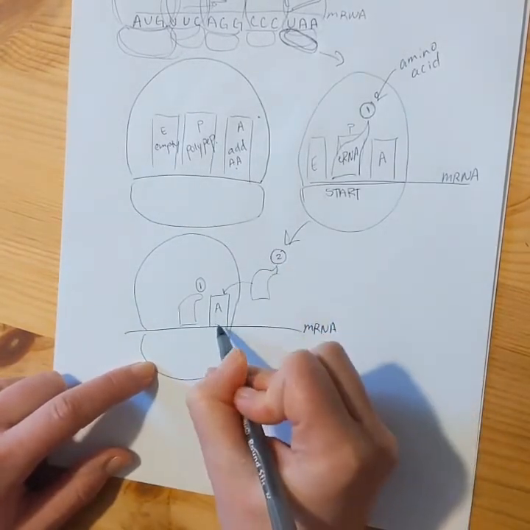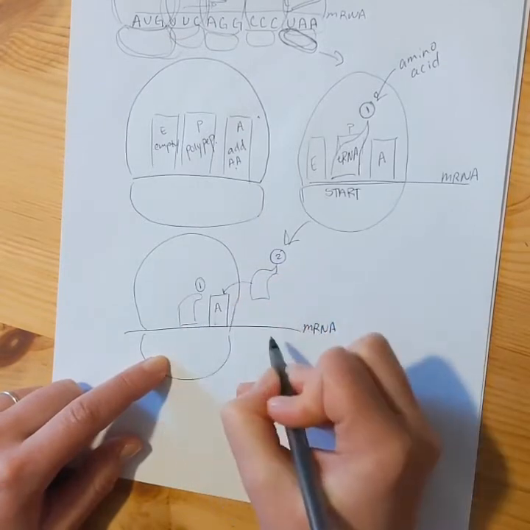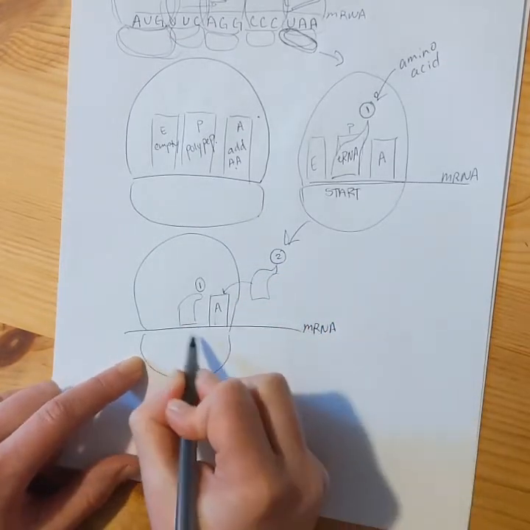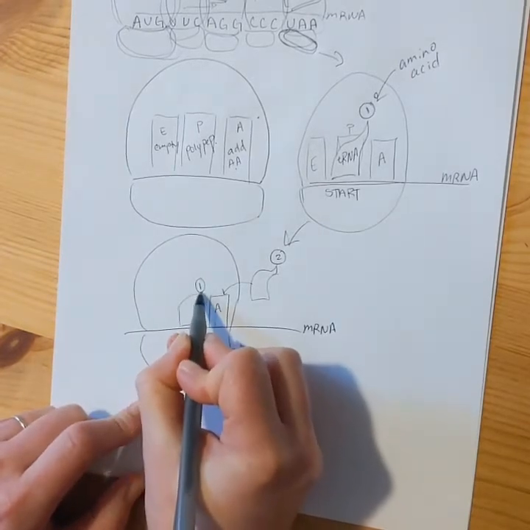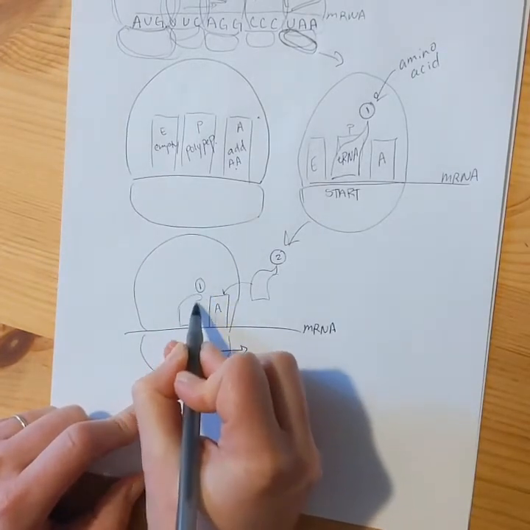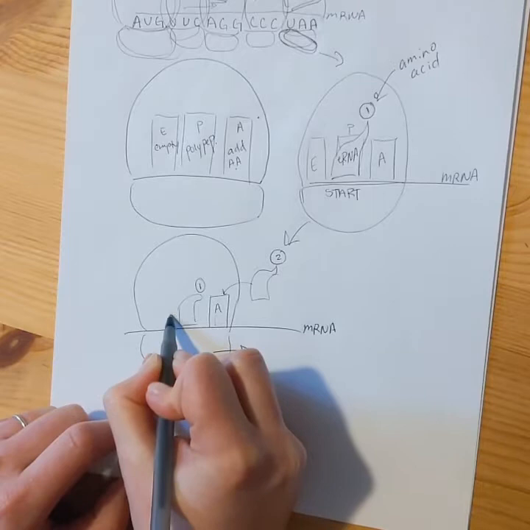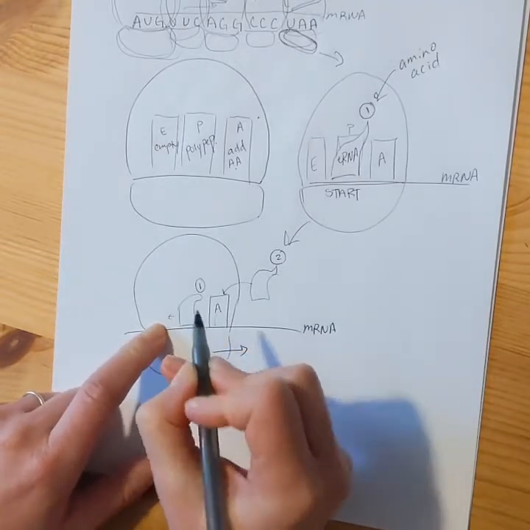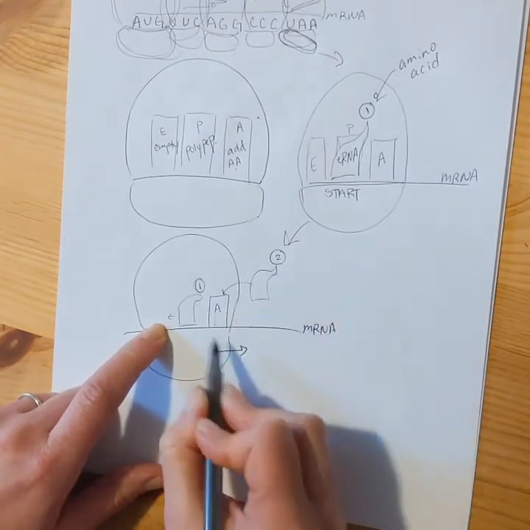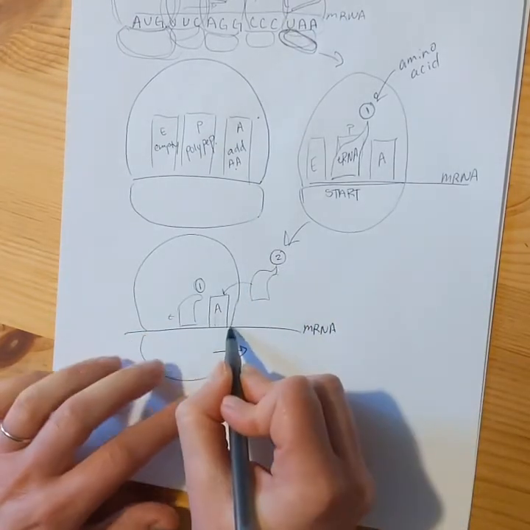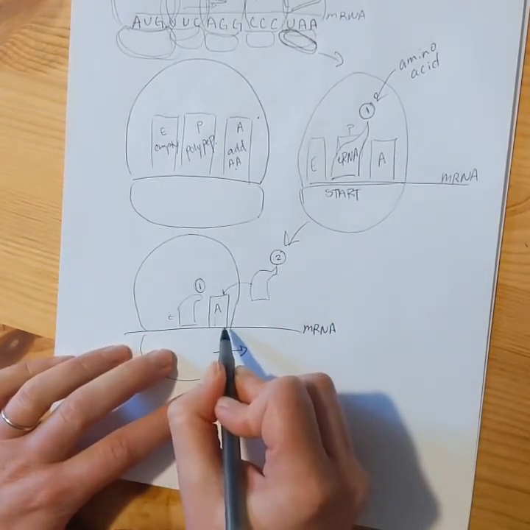It's going to pop in there, and when it pops in there, the ribosome is going to shift down so that this tRNA gets pushed into the E site, and this amino acid gets added to the top of the new one that was just put into the A site.